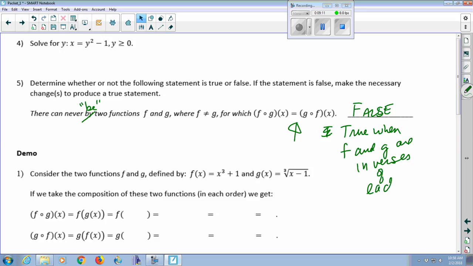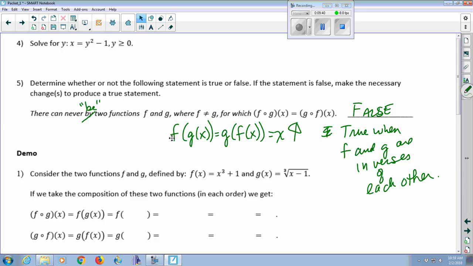This is the only time that composition of functions is commutative, the commutative property, where you change the order and it doesn't matter. You have the same result. So in this case, if they are inverses, then you can write this type of thing. In fact, this is the only way you can prove that 2 things are indeed inverses of each other.